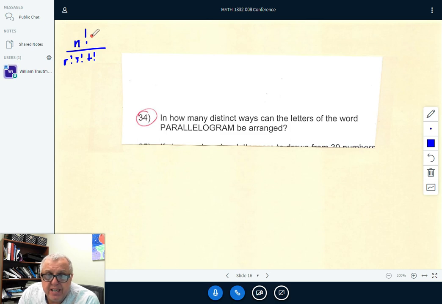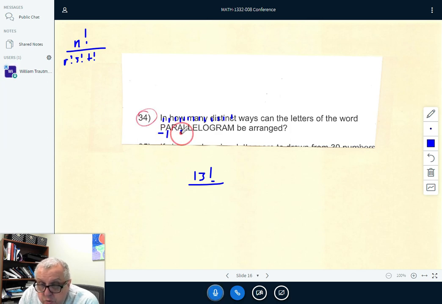In other words, n is the total number of letters. 1, 2, 3, 4, 5, 6, 7, 8, 9, 10, 11, 12, 13. So the top is n, 13 factorial. Now, how many repeating letters? And you don't need to put letters that don't repeat, because 1 factorial is still 1. There's only 1 P, so I don't need to put it there.